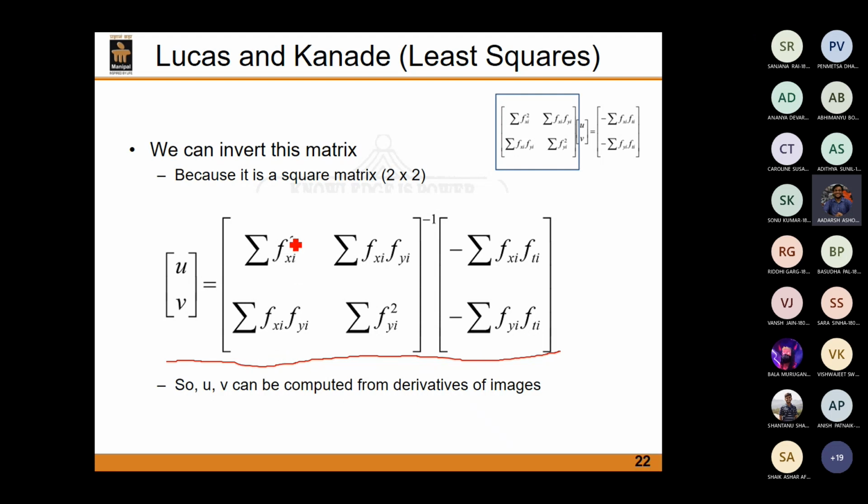Since all these gradient values are known to us, the only unknowns are u and v, and just by solving this matrix form, you can easily find the values for u and v. So this is the Lucas and Kanade problem, or the optical tracking algorithm, with a least square minimization approach.